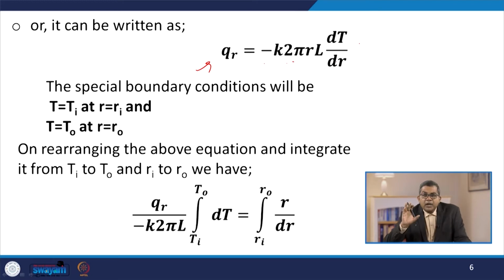Now the boundary conditions will be T equal to Ti at R equal to Ri, and T equal to T0 at R equal to R0.